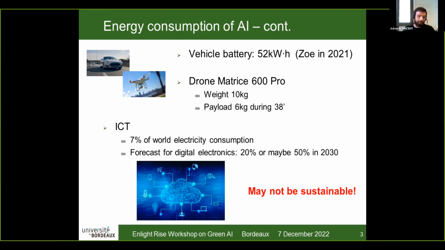Okay, and it's expected to grow to follow the exponential growth of data that we produce, and the idea that we will be using more and more AI to process those data. The exact values are to be taken with a grain of salt, but I don't see how that number will be going down, and it means that AI, as we are doing it right now, might not be sustainable in the long term.